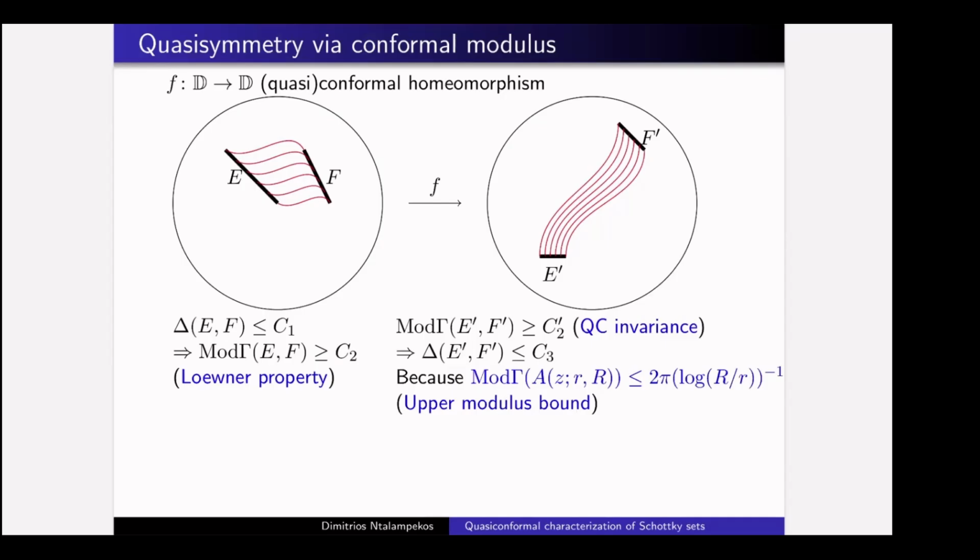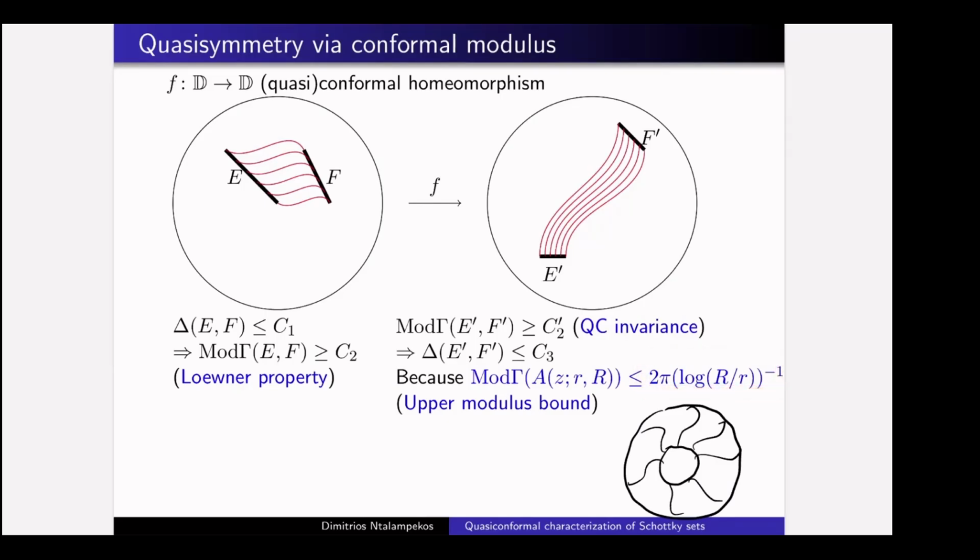bound for annuli. So in the plane, we have this well-known modulus bound. If I have an annulus, and if I take the family of curves connecting the boundary components of the annulus, then the modulus is exactly equal to 2 pi over log r.